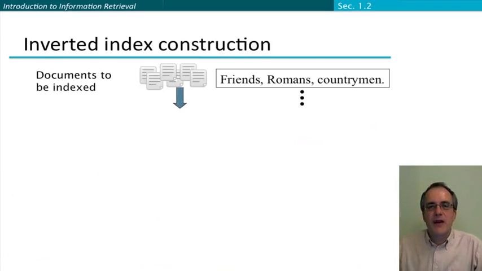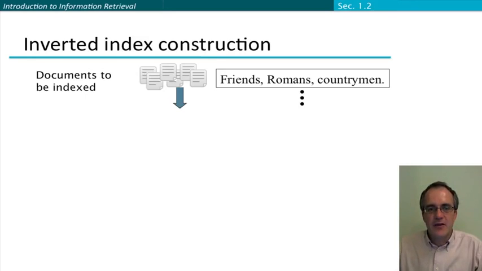Let me move now to how an inverted index is constructed. The starting off point is we have a bunch of documents to be indexed, and each of those documents we'll think of as being a sequence of characters. We'll assume that we've already dealt with, perhaps by someone else's software, conversion from PDF and Microsoft Word documents and things like that. Then we're going to go through first some pre-processing steps.